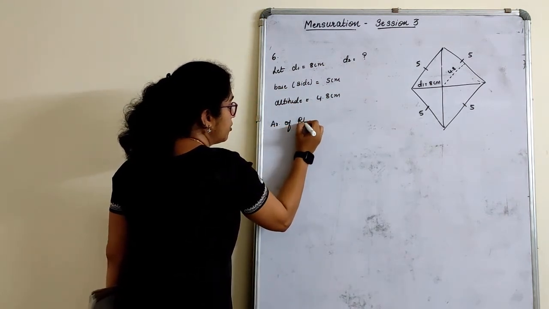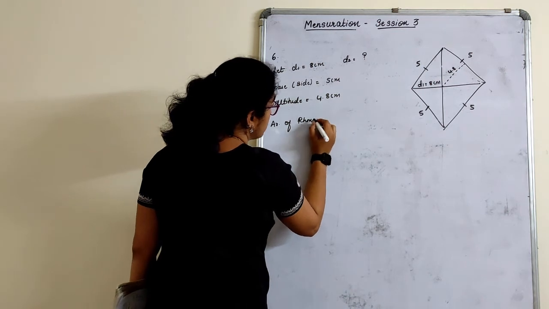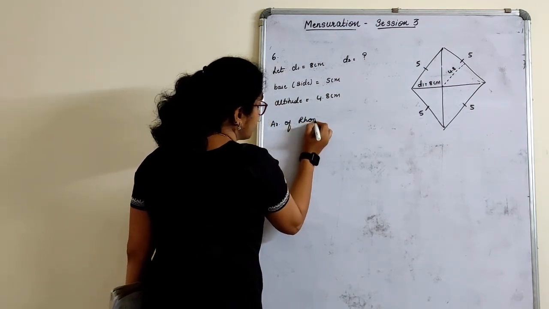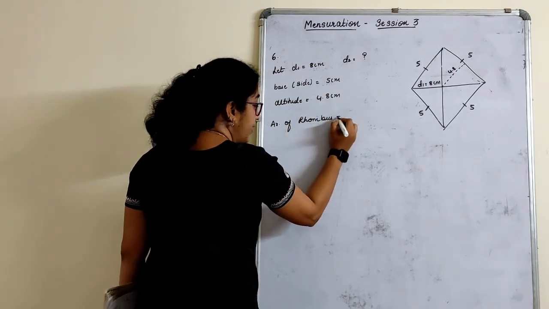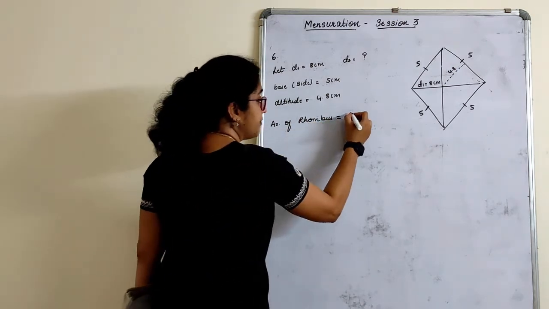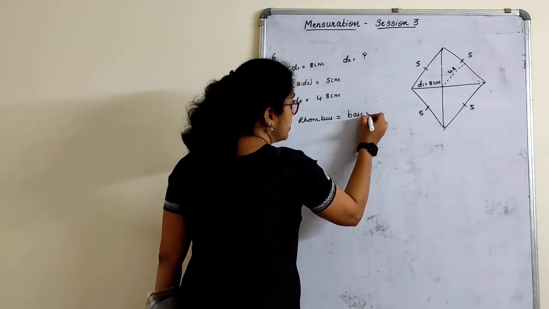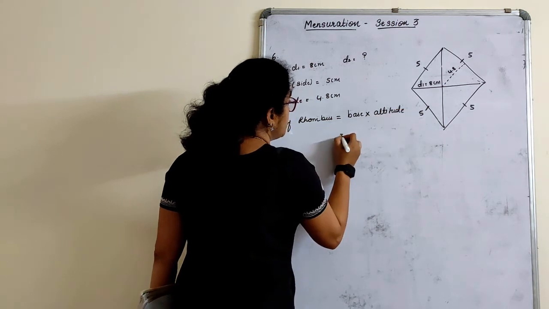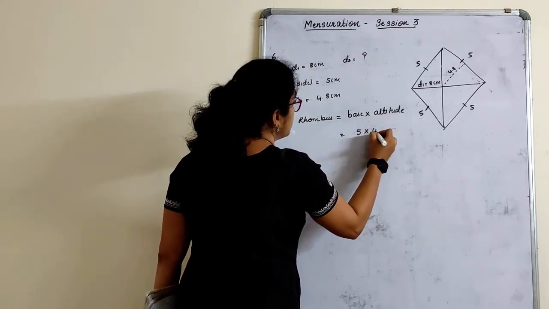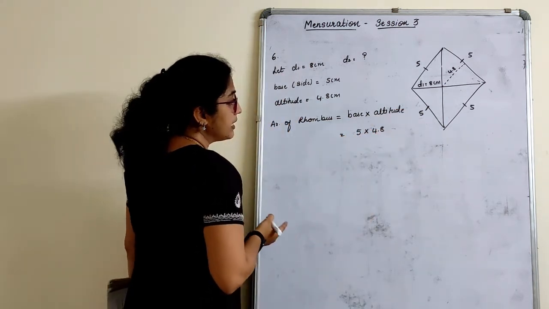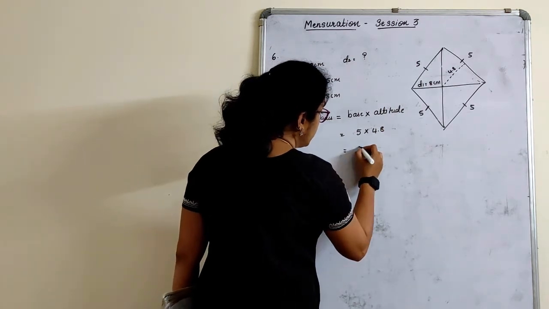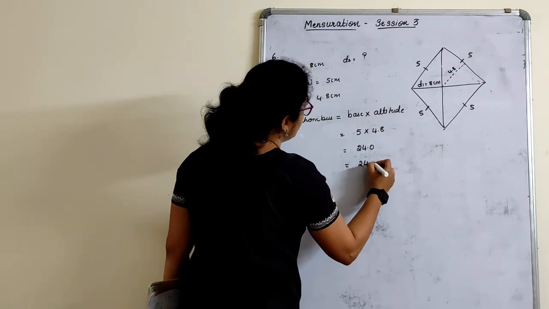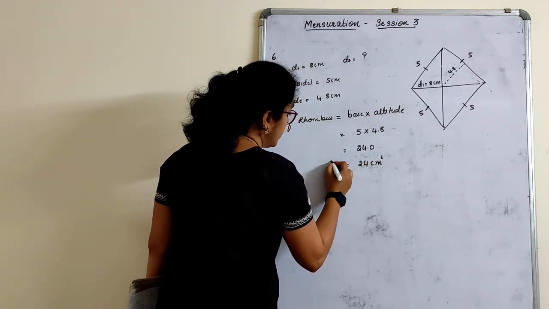Formula: area of rhombus when base and altitude is given: base into altitude. So base is how much? 5. Altitude is 4.8. 48 5s are 240. So it is 24.0, that is 24 centimeter square area.